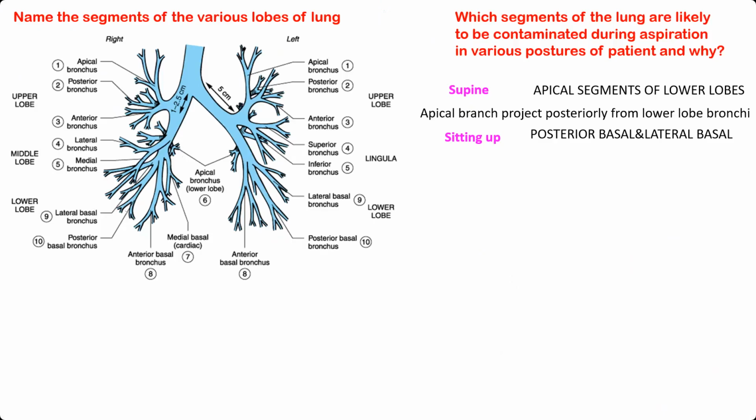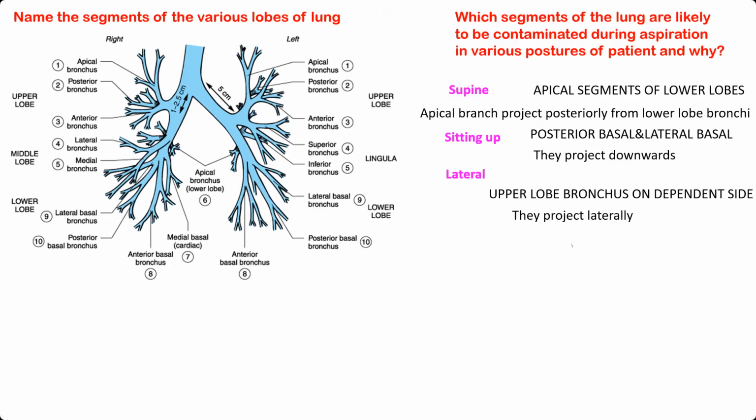So lying down, the apical branches of the posterior lower lobe will be affected. And in sitting, it will be the same lower lobe, but the lateral basal and posterior basal segments will be affected, because they project downward. In the lateral position, it is the upper lobe bronchus on the dependent side. You can see that when the patient is lateral, this will be the easy access.